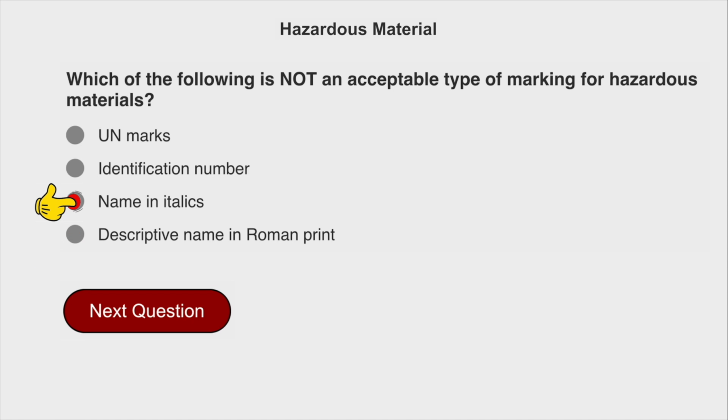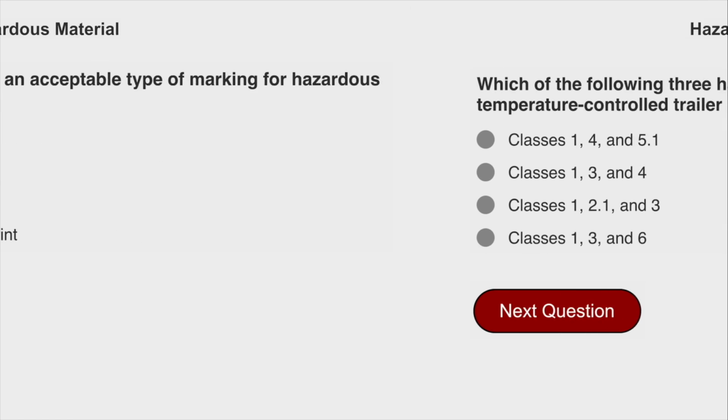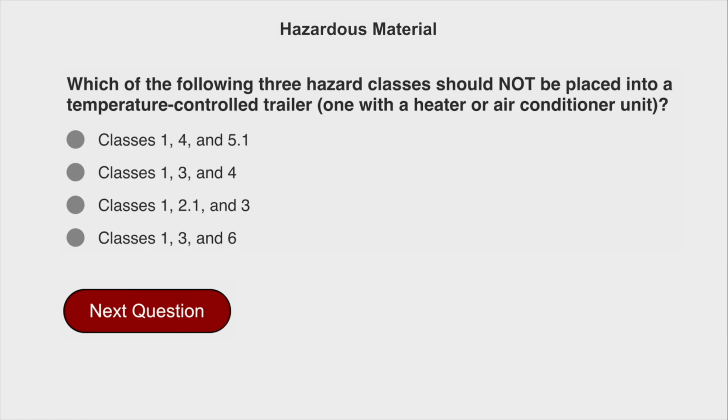Name in italics. Which of the following 3 hazard classes should not be placed into a temperature-controlled trailer, one with a heater or air conditioner unit? Classes 1, 2.1, and 3.